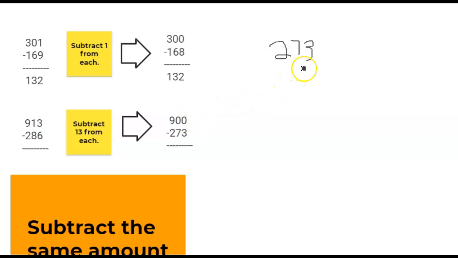So I'm going to start by adding 7. You wouldn't have to add 7. You could start by adding 2 if you wanted to get to 275, but I'm going to go with 7. And that gets me up to 280. And I see that if I added 20 more, that would get me up to 300.